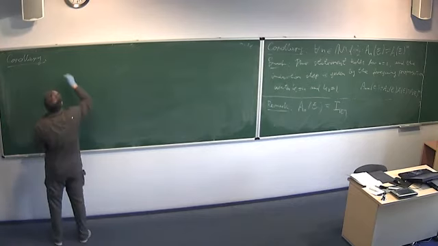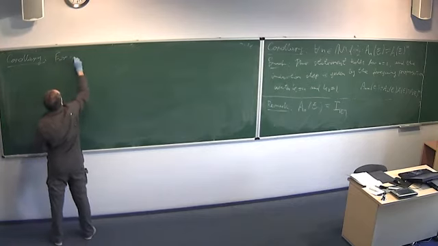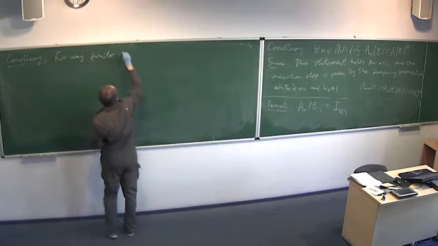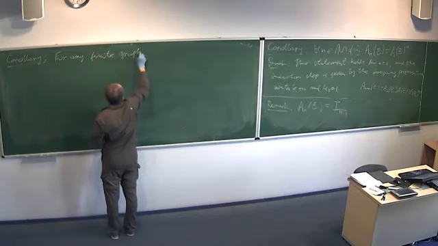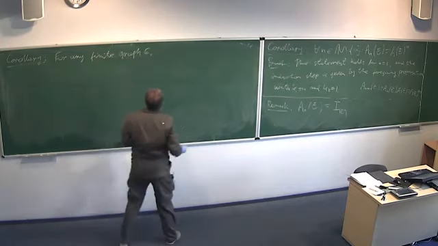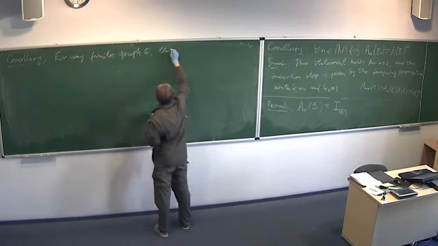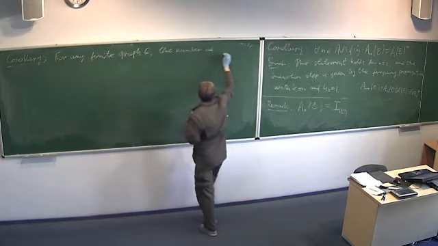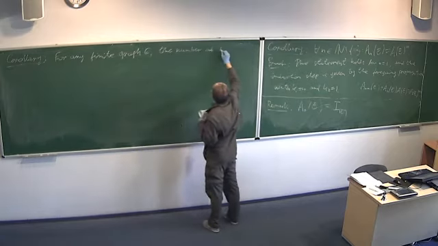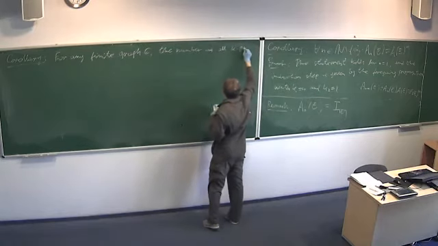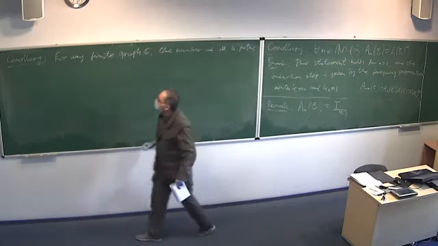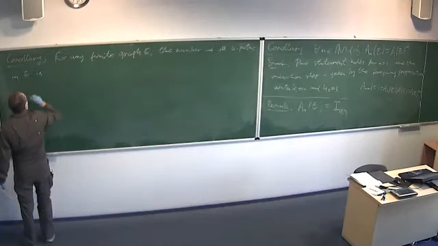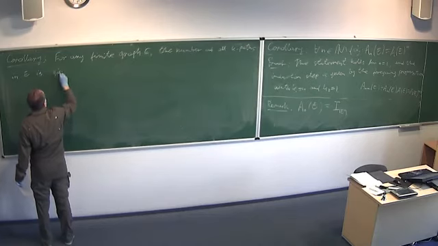For any finite graph E, the number of all k paths in E is given by the following formula.